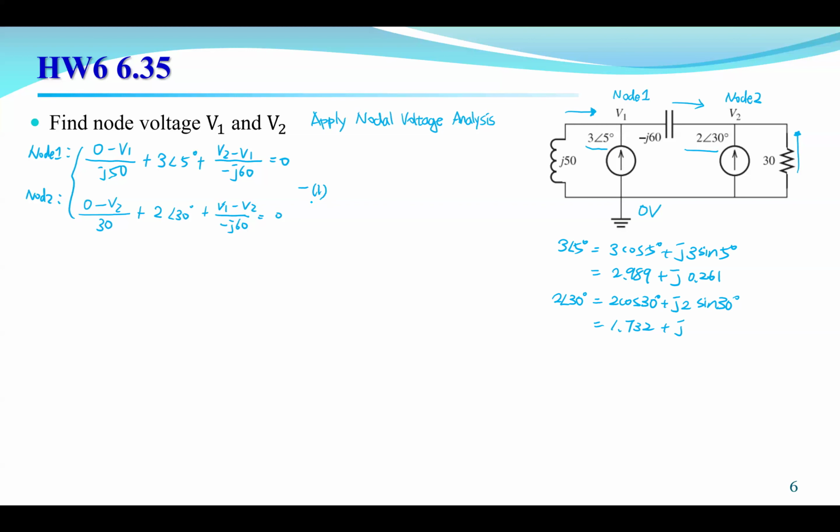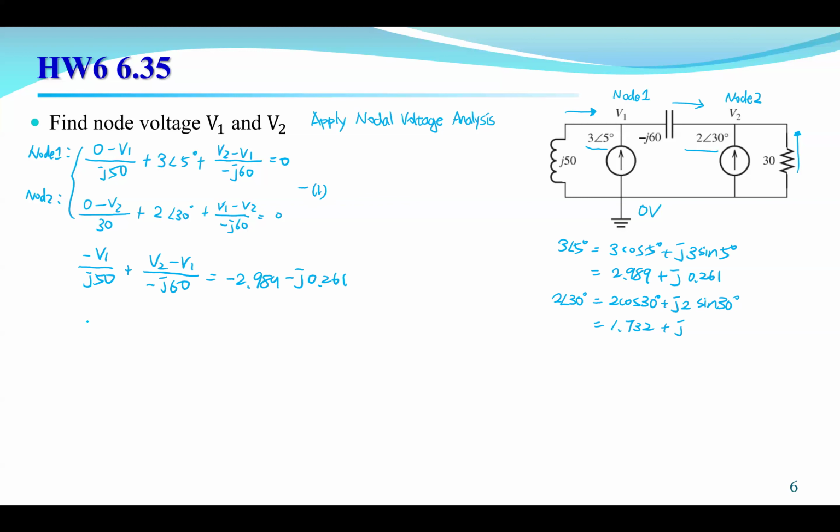We put this rectangular form back into equation 1 and rearrange it a little bit. So we have minus V1 divided by j50 plus V2 minus V1 divided by minus j60 equals minus 2.989 minus j0.261.